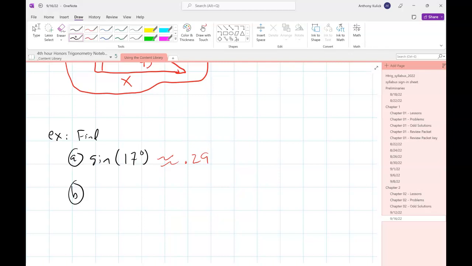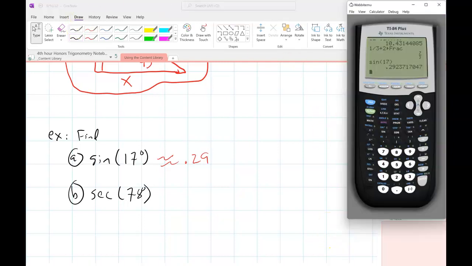What if I wanted to do secant of 78? Oh, well, Mr. Kulik, it's the same thing. I'll just go fire up my calculator and type in secant of 78. Yeah, I don't have a secant button on my calculator, but I can do 1 over the cosine of 78.